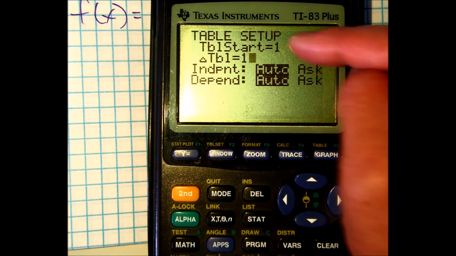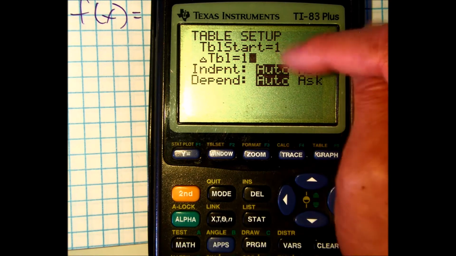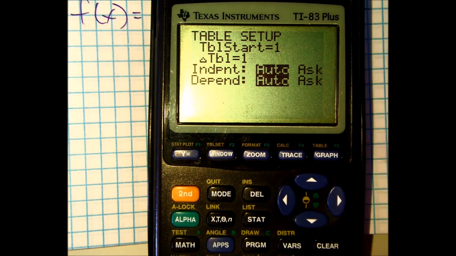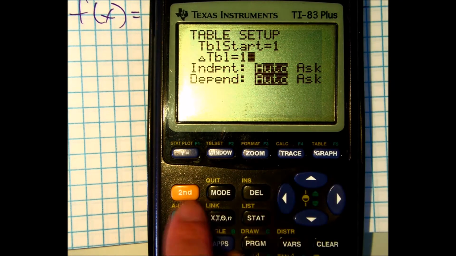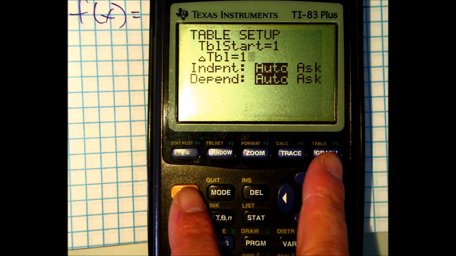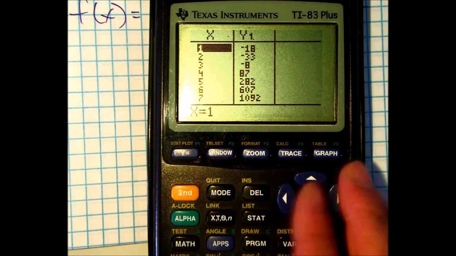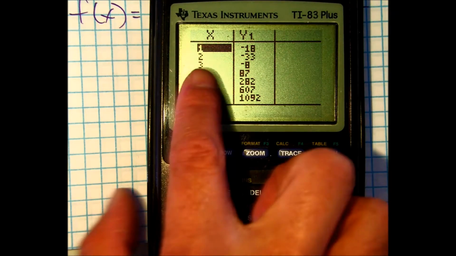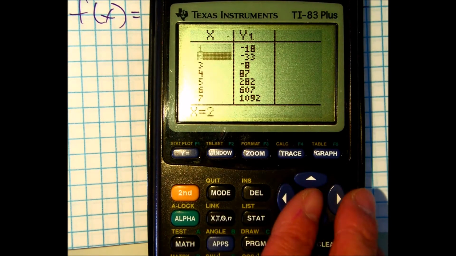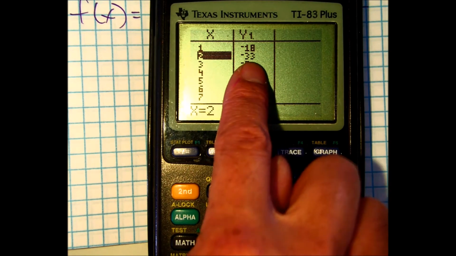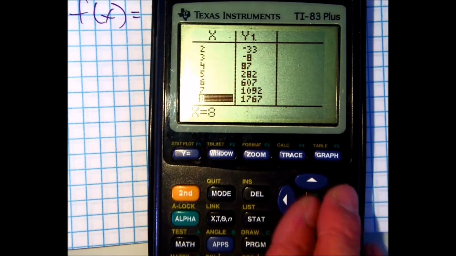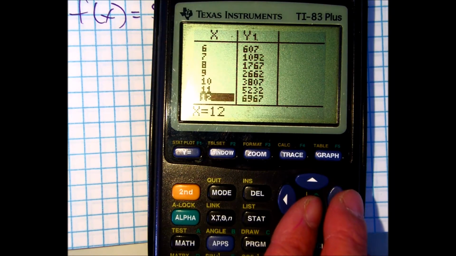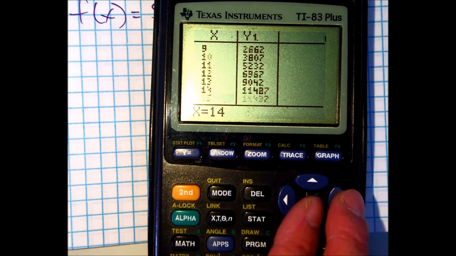It's saying I want my table to start at x equals 1 and I want to increase by 1. Press second table or second graph. And you can see in the y values that is the lowest point. Does that make sense? And then I'm looking for the highest point, so the biggest y value. We already knew what the answer is. What was the answer?